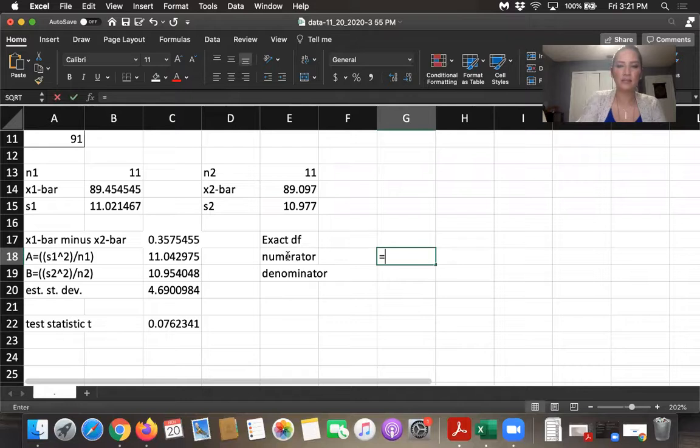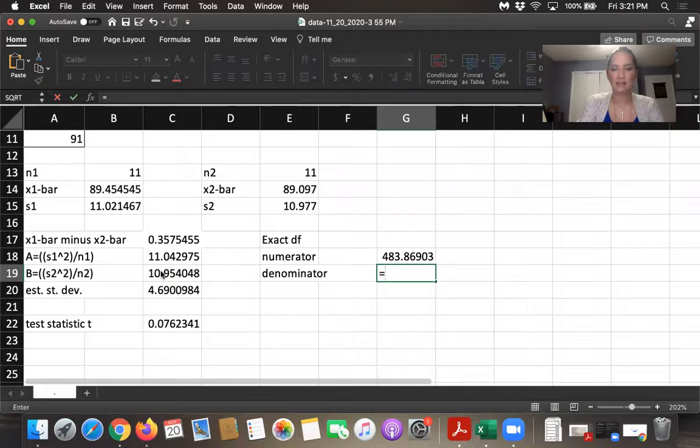The numerator is a plus b squared. So I'll type equals, open parentheses, there's my a, and there's my b, and I want to square them. Square the sum of those. And the denominator is a squared over the sample size minus 1. So I have a squared in parentheses divided by, open parentheses for the denominator, the corresponding sample size minus 1.